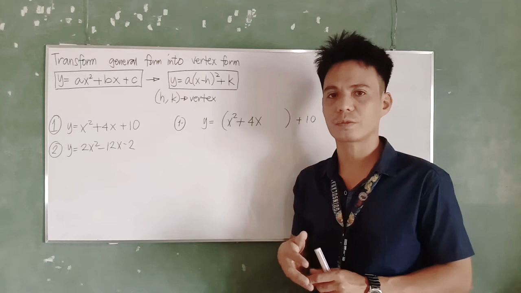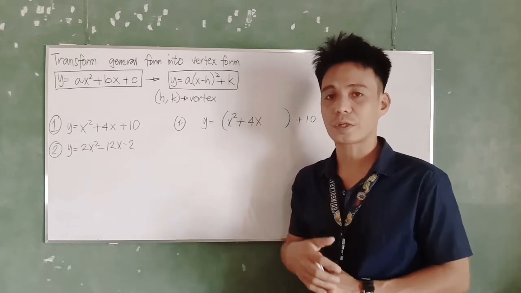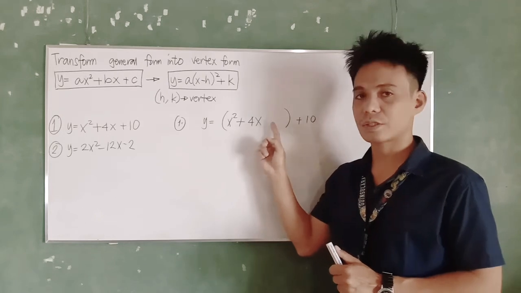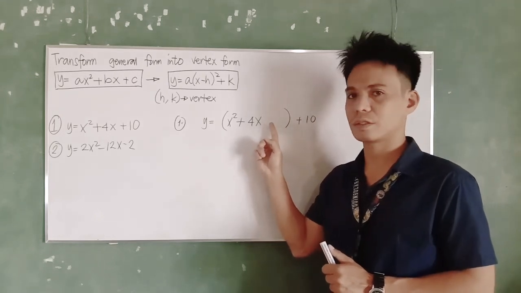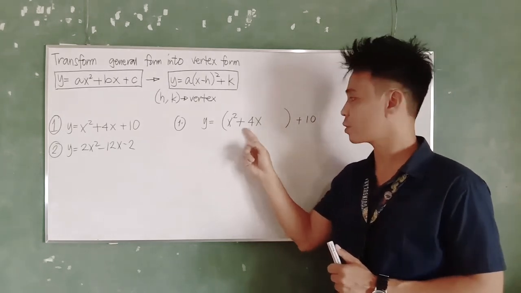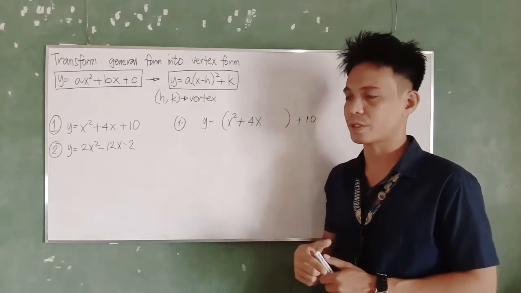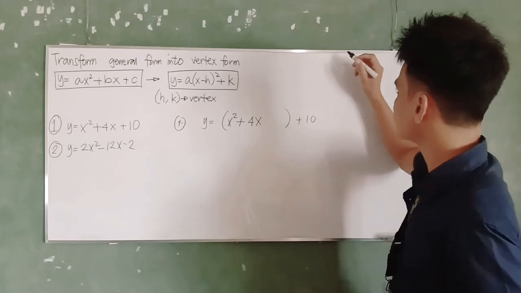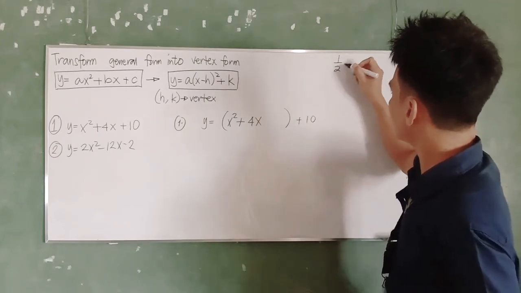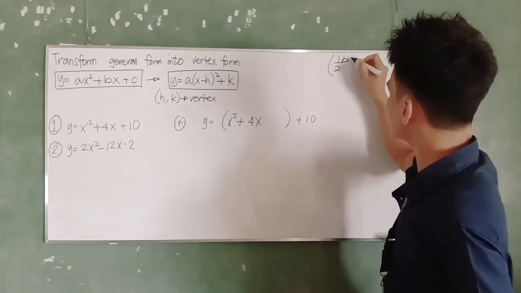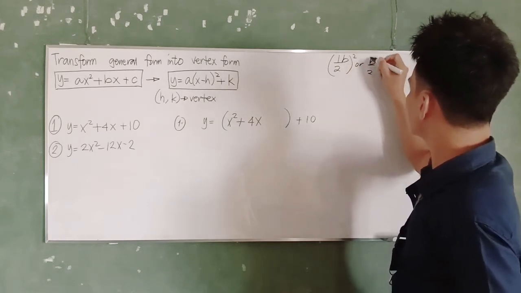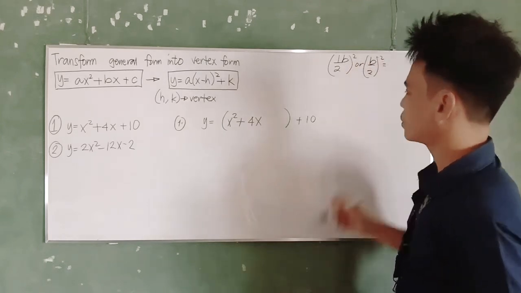So, kung naalala nyo yung completing the square, so the process is the same. So, kukunin natin yung isang value which will make this equation into a perfect square trinomial. So, gagawin natin guys to get this is to use the formula 1/2 b squared or b over 2 squared.